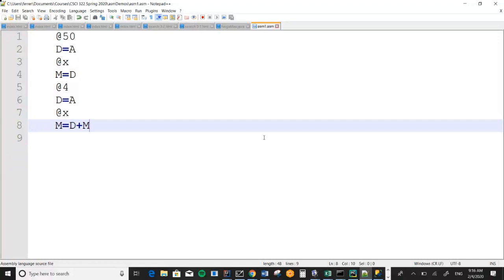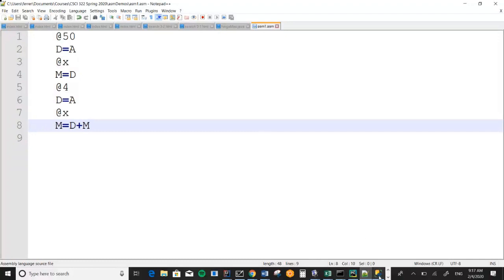Then I take the value from memory, which is at the moment 50, plus the D value, which is 4. These four lines of code were basically X equals 50 in a high-level language, then X plus 4.